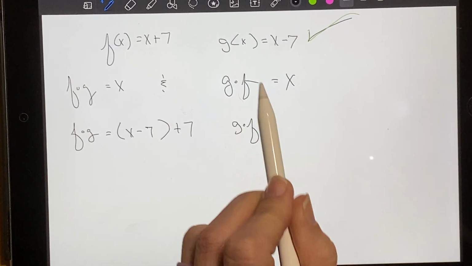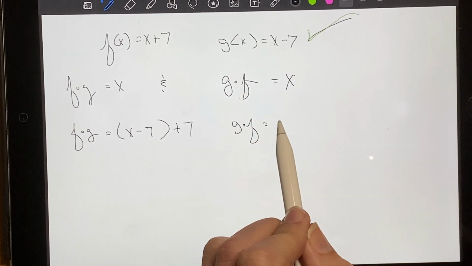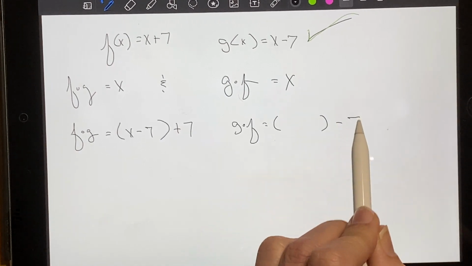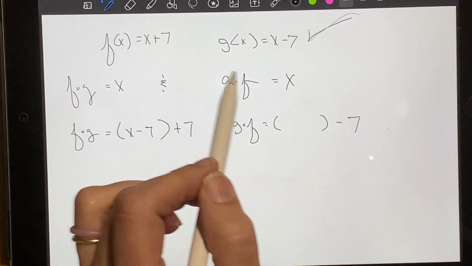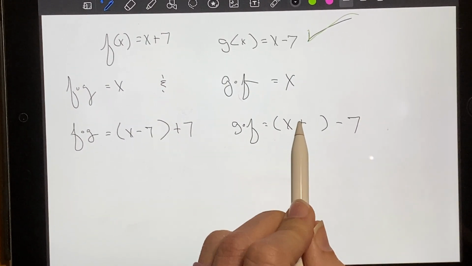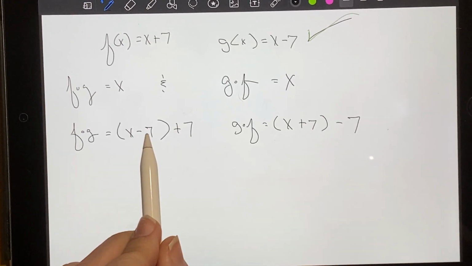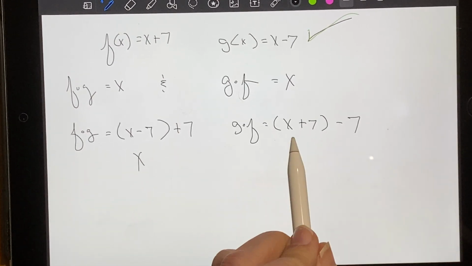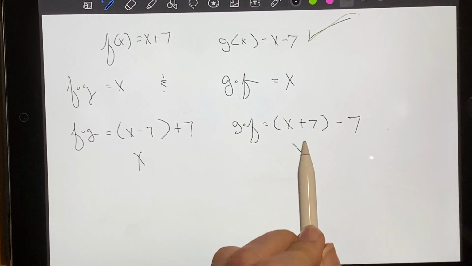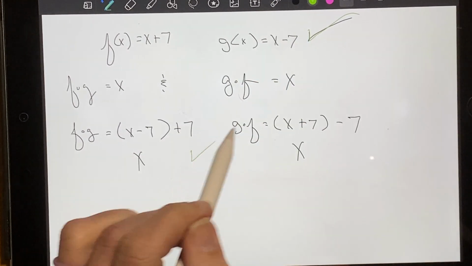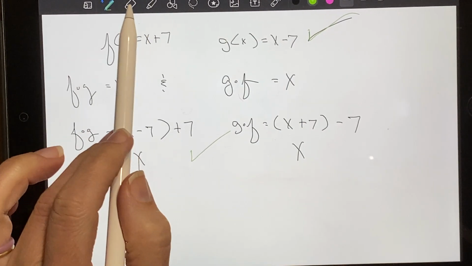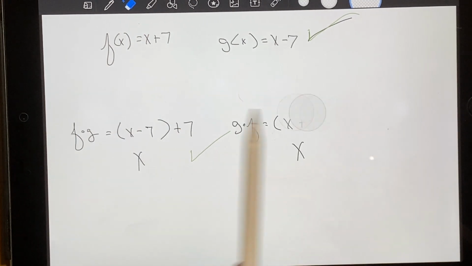G of f means I start with my g. I've got an x. I'm going to leave that space. Minus 7, I'm going to plug my f all the way into that space, x plus 7. And we can see that x minus 7 plus 7 gives us x, and x plus 7 minus 7 also gives us x. So we have proven that they are inverses of each other.